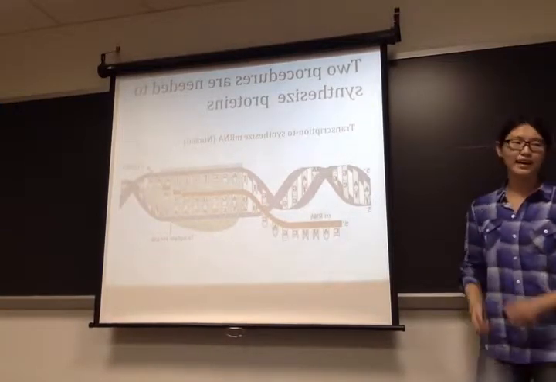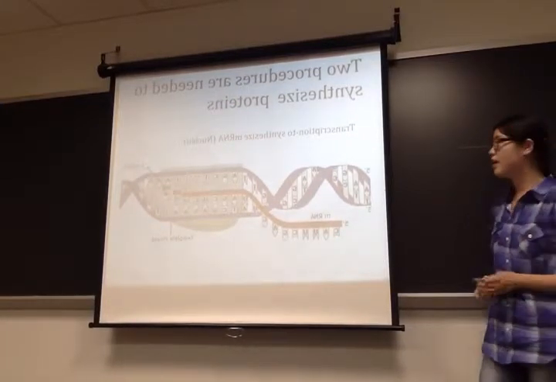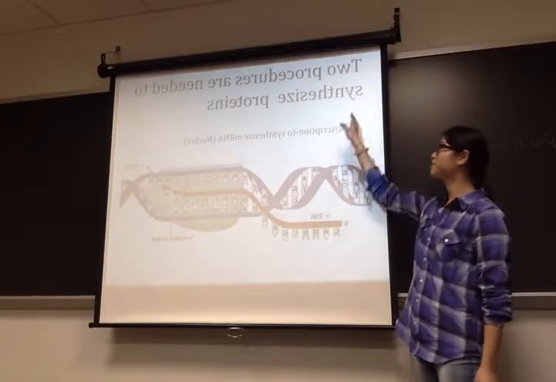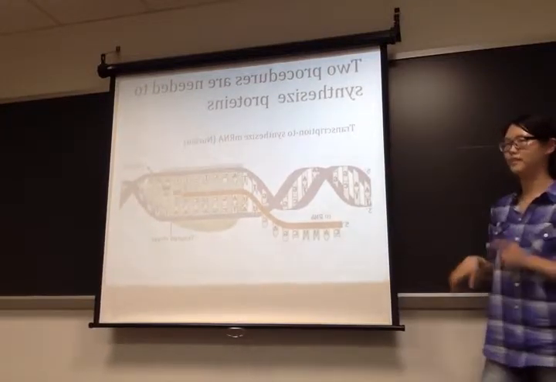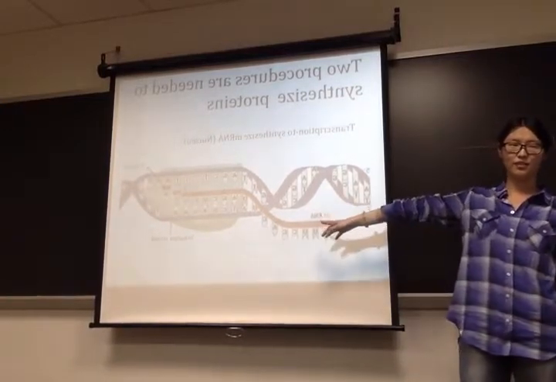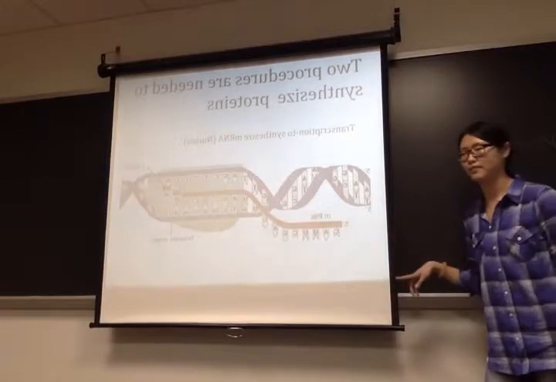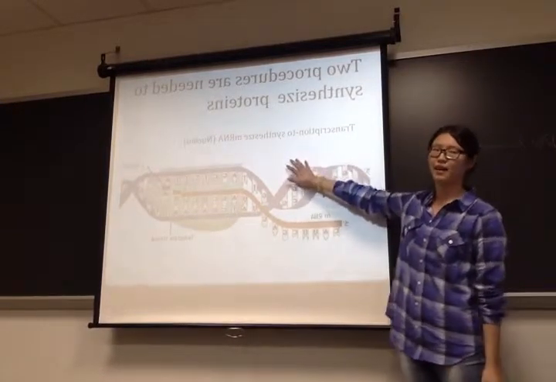In order to get a protein, we have two basic procedures. The first procedure is called transcription, and this procedure happens in the nucleus. As I mentioned before, DNA exists in the nucleus, right? So in this procedure, we basically get mRNA.